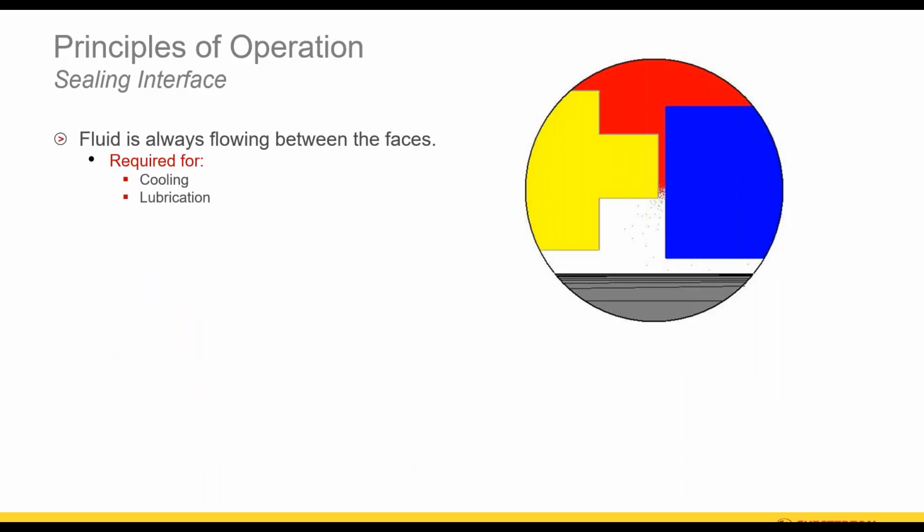So looking at the sealing interface itself, the fluid is always flowing between the faces, and it has to be there for two reasons. One is it's a cooling agent. This is a dynamic device. You have friction. As the rotating face is in contact with the mating face, it starts to generate heat, and that heat needs to be cooled or you can cause failure.